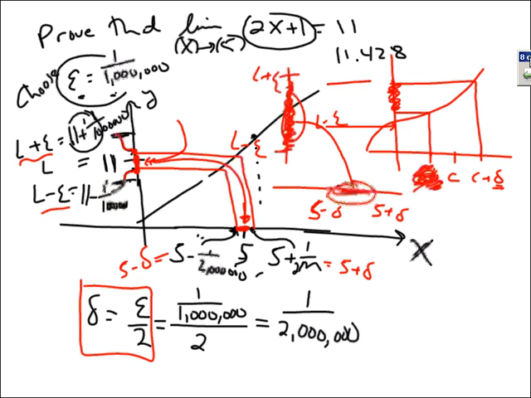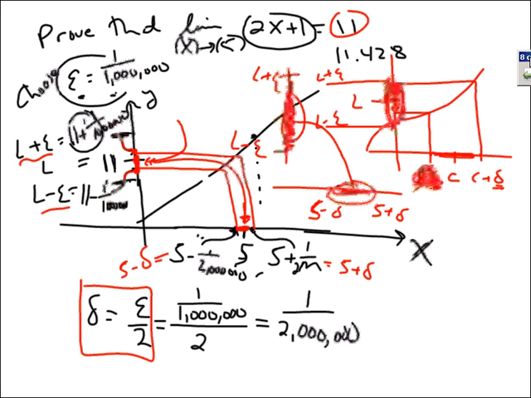Possibly at the very top it will be L plus epsilon. But nonetheless, everything in here was in my epsilon neighborhood. You make epsilon smaller, you converge in on L. L has to be 11.